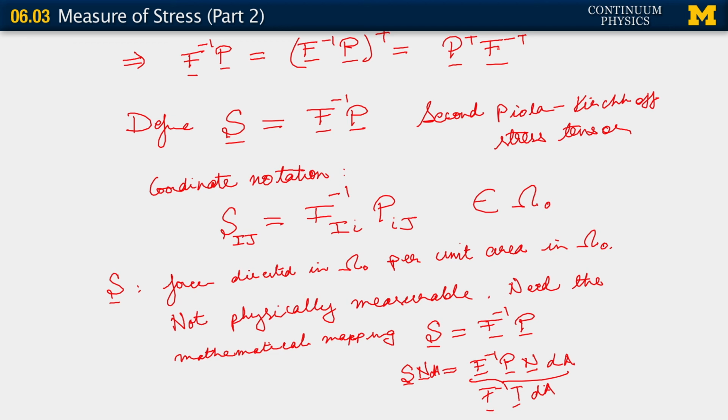Okay, so you really are taking the force T dA and pulling it back using the deformation gradient, which is a purely mathematical operation that we're doing. That is what lets us talk about the traction corresponding to S. And it's for this reason that we say it is not physically measurable. You need to go to the mathematics to do it. But it's very useful in computations. Okay, that's why we introduce it.